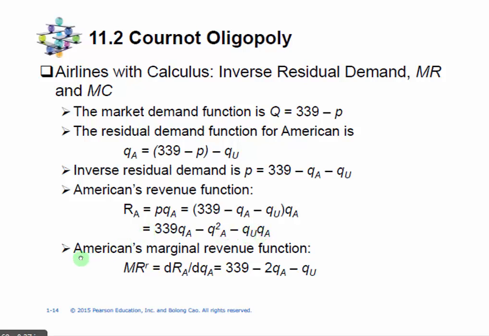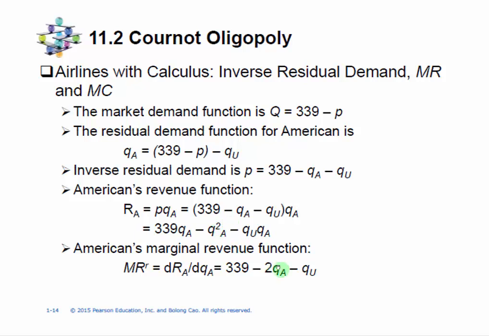Then to get American's marginal revenue function, we differentiate this total revenue function for American Airlines with respect to its own quantity supplied, QA. That gives us 339, just to the first power, just leave the constant here, and minus, move this second power down as the coefficient times QA itself. So QA comes from QA to the second power minus 1, right?